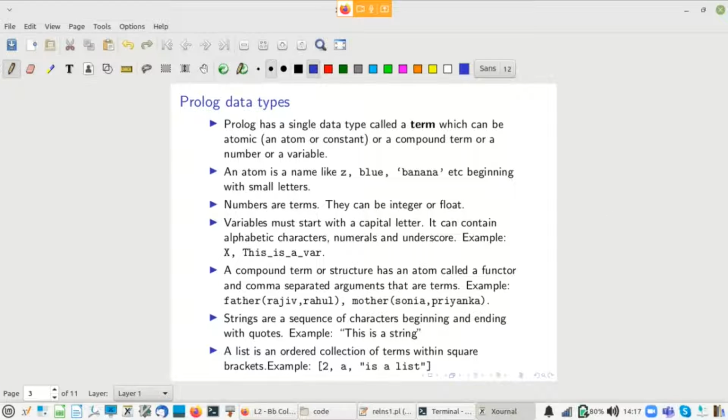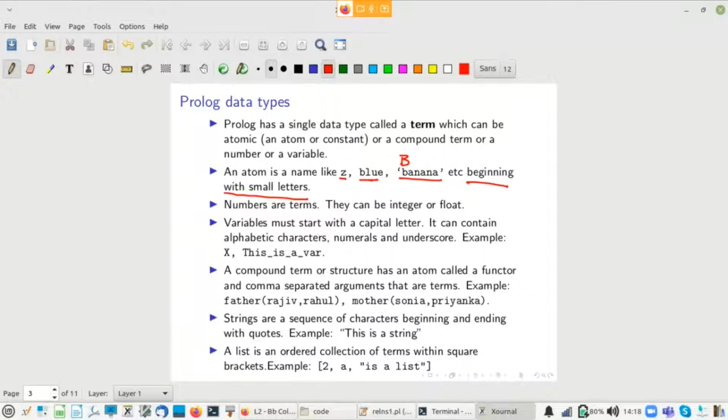So if you look at the second point, it says beginning with small letters. Here are examples of atoms. Z is an atom, blue is an atom, this is a string, but this is also an atom, but once you make it a string, this can be capitalized.